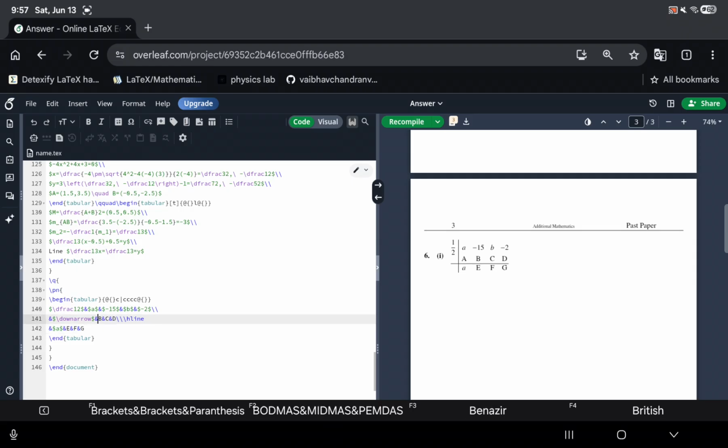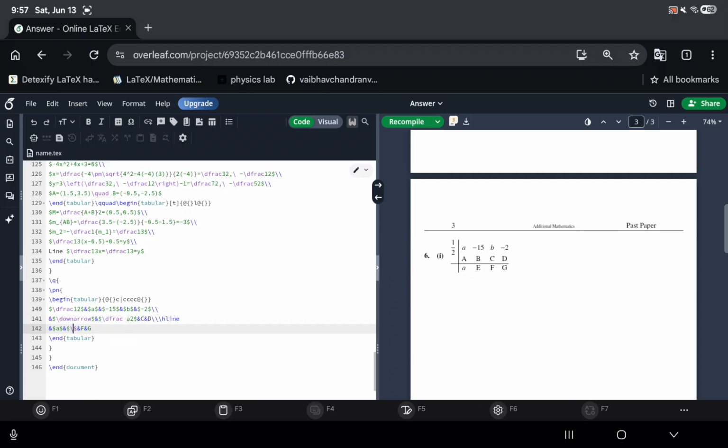B is 8 times a half, so B would be half A, and then E would be the addition of them, so it would be half A minus 15. Now we need to half this again, so if we half this, it will be the value of C. If we add this with B, we get B plus this value. Now we need to half this yet again. I know, exhausting.